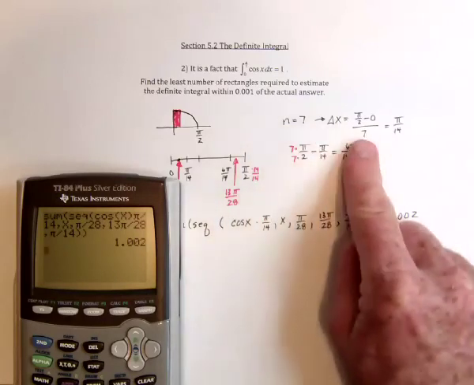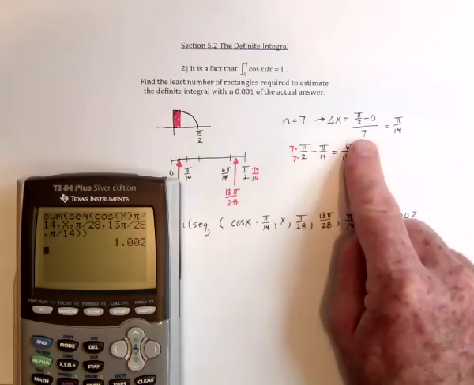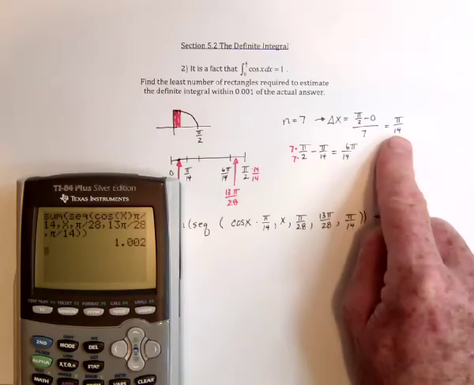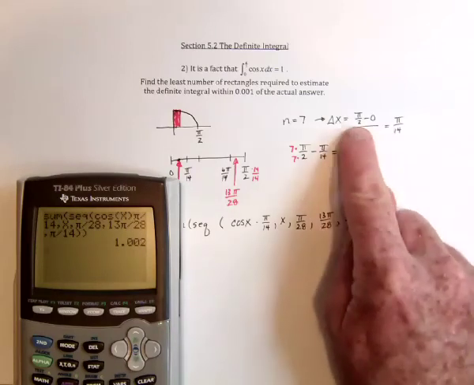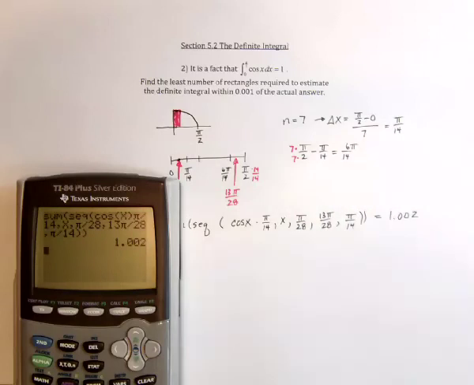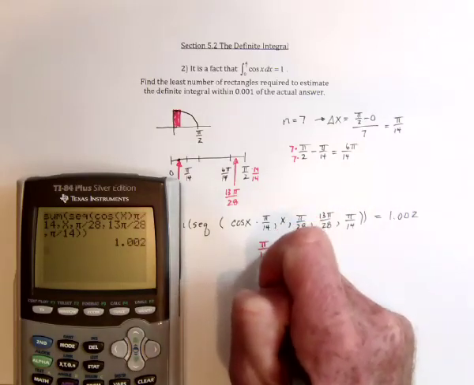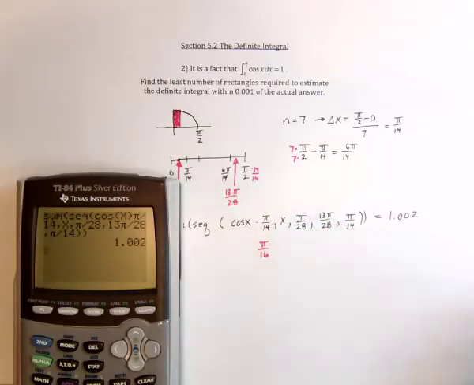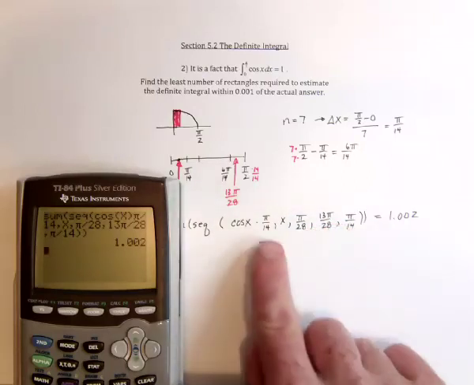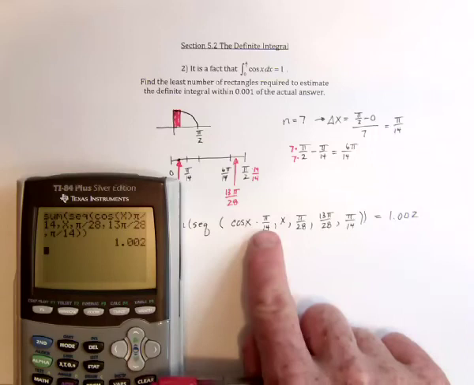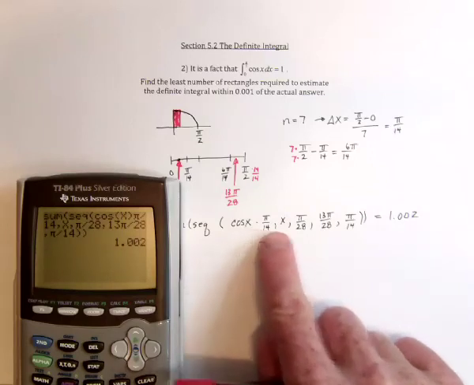So if we changed it to 8, this would be division by 8. So divide that by an 8, it's a 16 instead of a 14. So the thing that would change is that this would be pi over 16. And then if you notice the difference between these two, all you have to do is double this to get that.